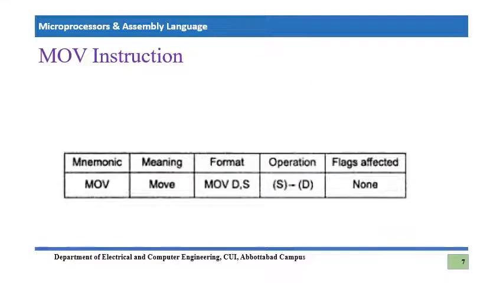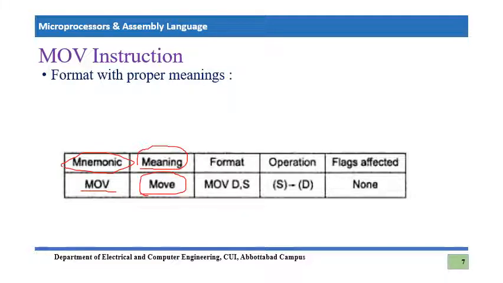This slide is an extension, where we try to give the complete format and complete meanings of everything. The first thing mentioned here is the mnemonic, the keyword for the move instruction, which is MOV. Next is the meaning of the mnemonic, what that keyword actually does. This keyword MOV works as move.